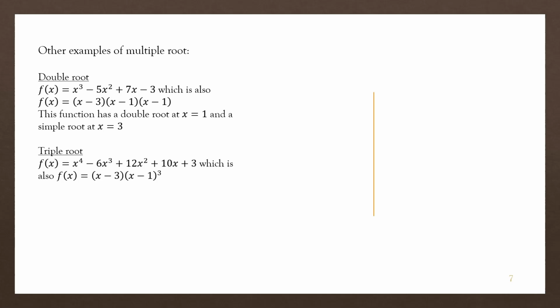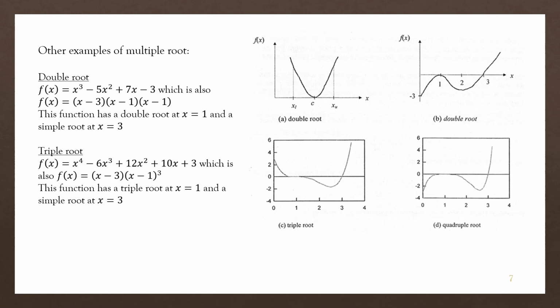There's another example of multiple root, which is triple root. This time it is a function to the power of 4. You can factorize the function as (x minus 3)(x minus 1) to the power of 3. So you have a triple root at x equal to 1 and a simple root at x equal to 3.